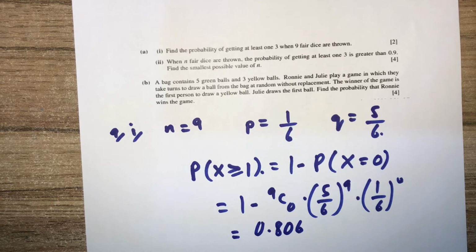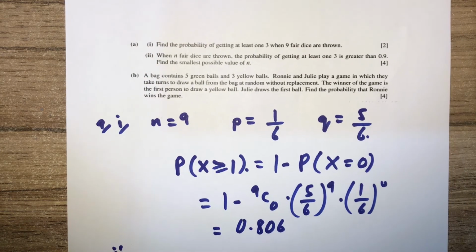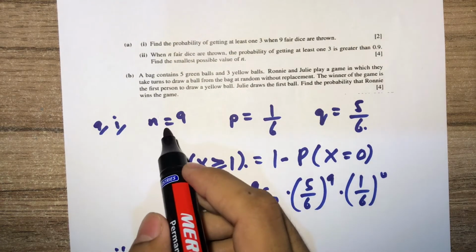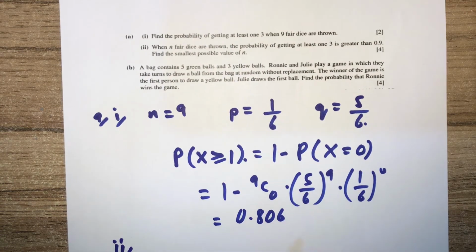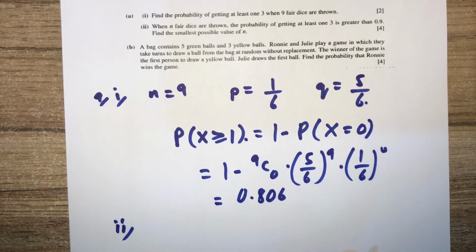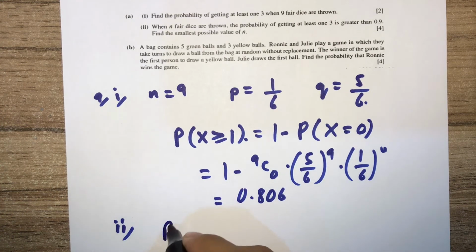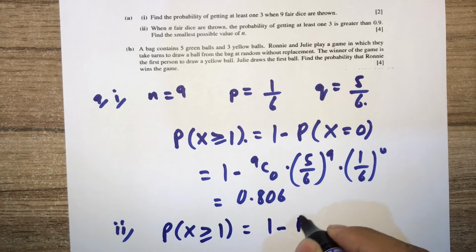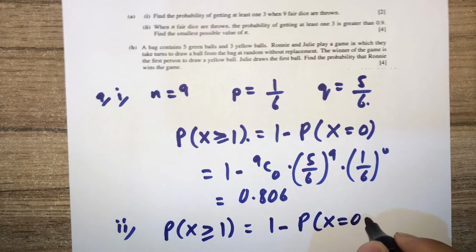Second part, when n fair dice are thrown, the probability of getting at least one 3 is greater than 0.9. Find the smallest possible value of n. Now in that part we had n equals 9, now we don't know n. Again we have to find the same probability, that there is at least one 3. So I'll use the same formula, 1 minus probability of no 3.